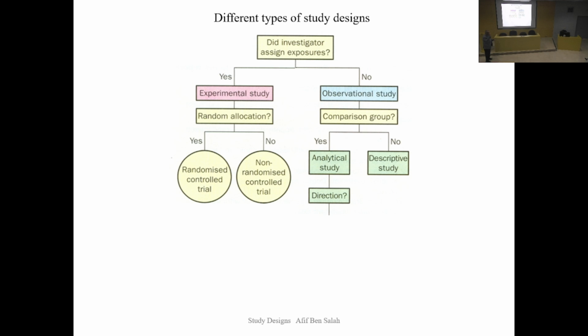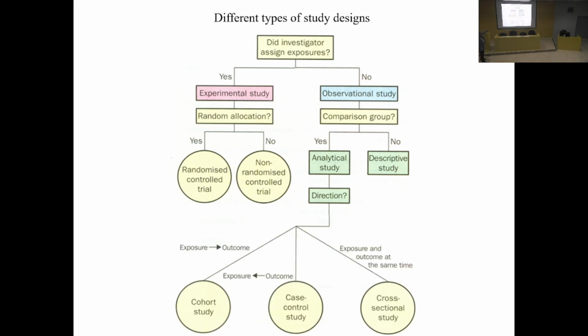And you'll find the three designs that we had covered: cross-sectional, case control, and cohort study, according to the direction in time. Look, let's start with the cross-sectional. If we measure exposure and outcome at the same time, as in a snapshot, this is a cross-sectional study.